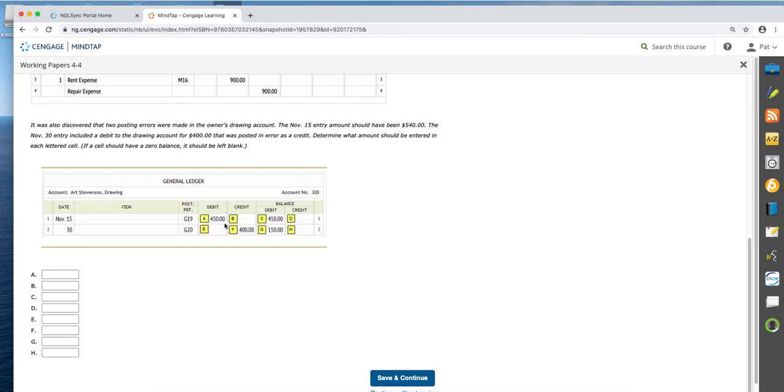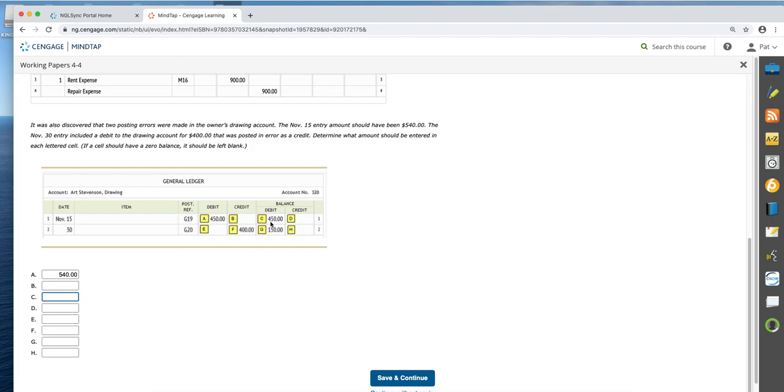So cell A, what is supposed to be in this one? It says an entry on November 15th should have been $540. It was listed at $450, so that should be $540. Credit should be 0, I would guess. So we're going to put 0.